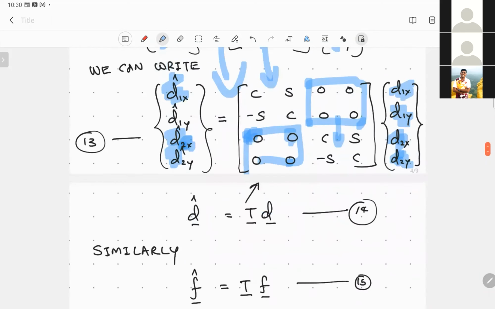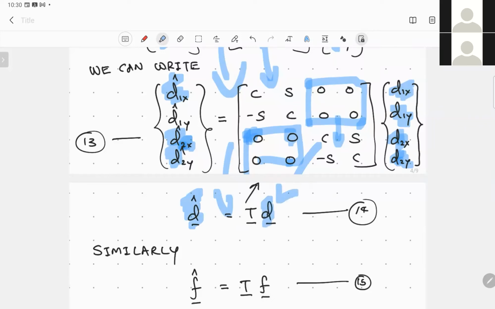So in simple terms, you can express this equation as d hat equals the transformation matrix times the displacement matrix in the global coordinate system. This is again the relationship for a bar element which relates the local coordinate system to the global coordinate system via the transformation matrix.